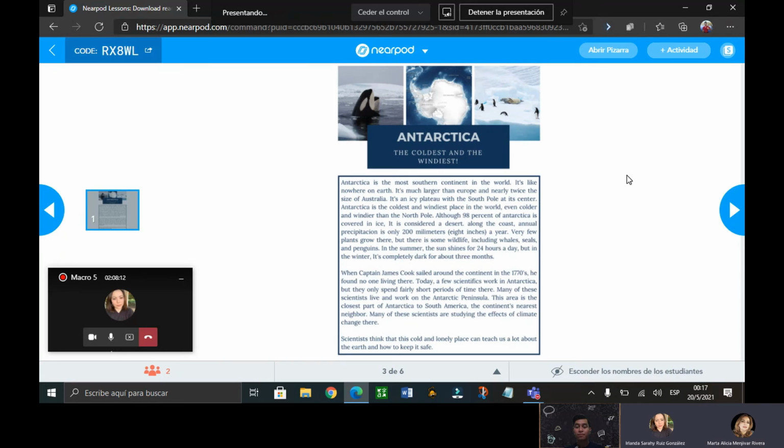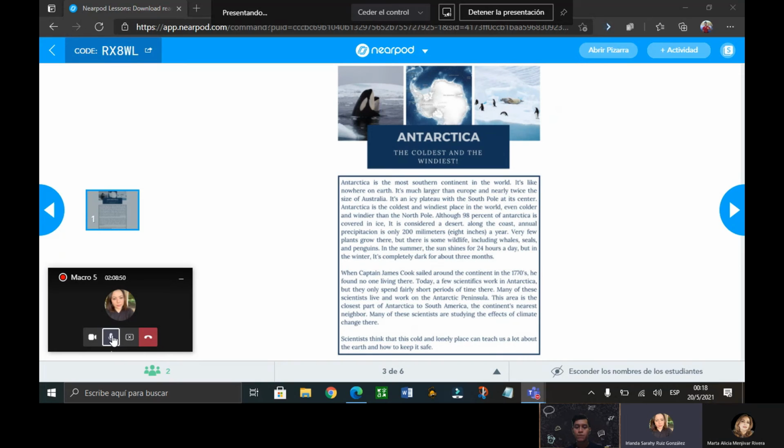Antarctica is the most southern continent in the world. It's like nowhere on Earth. It's much longer than Europe and nearly twice the size of Australia. It's an ice plateau with the South Pole at its center. Antarctica is the coldest and windiest place in the world, even colder and windier than the North Pole.